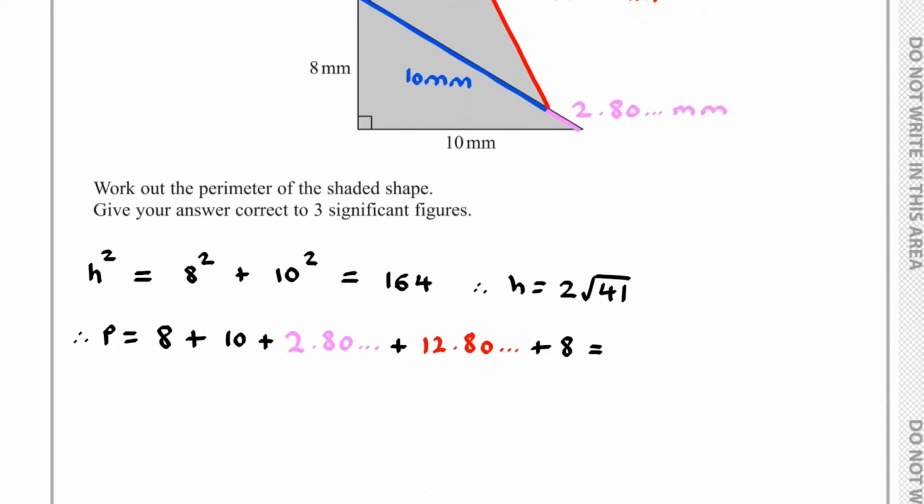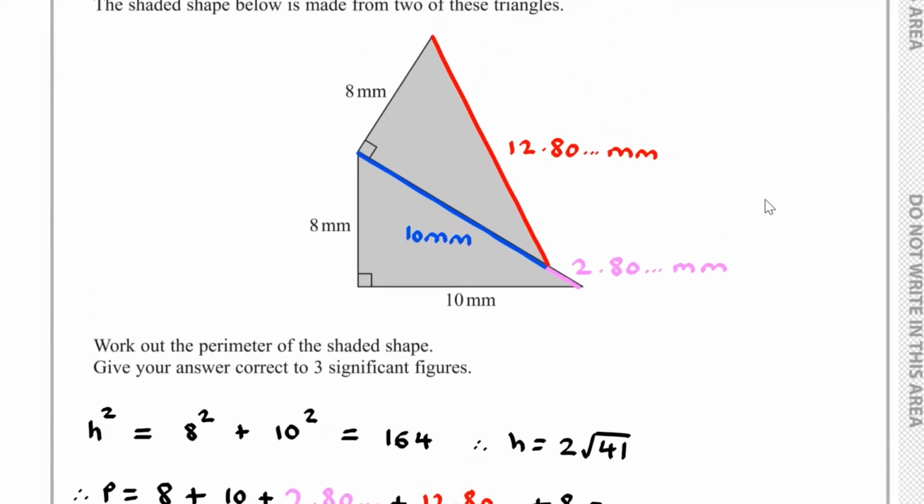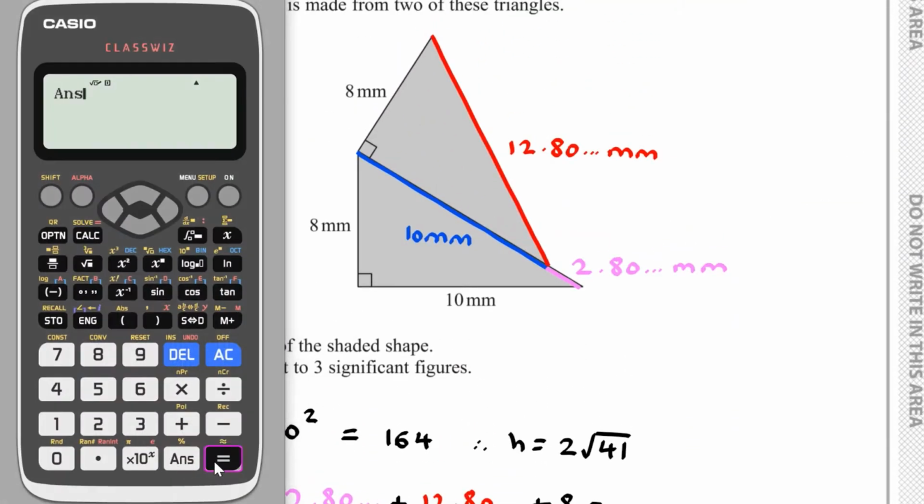And if I work this out, we have this length plus 8 plus 8 plus the 10 plus this length subtract the 10, which is this bit here.